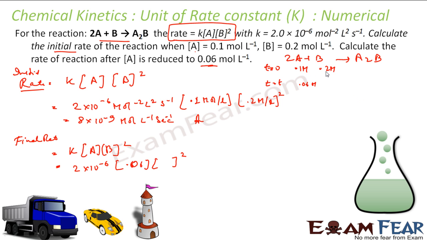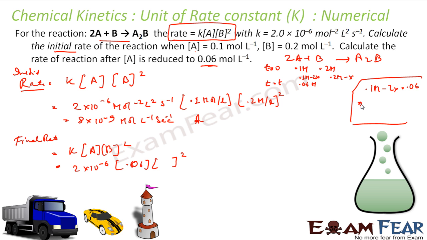So if it is 0.1 M, it is 0.2 M, and let's assume A becomes 0.1 M minus 2x. So B will become what? 0.2 M minus x, because this is 2A. So 2 moles of A is consumed, and then 1 mole of B will be consumed. So with this logic, 0.1 M minus 2x is equal to 0.06.